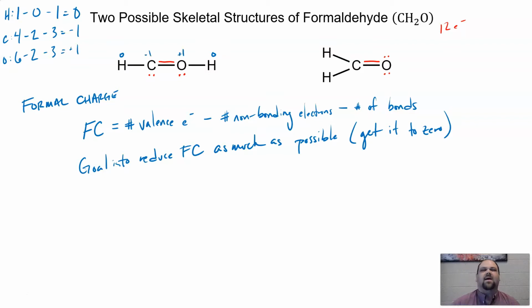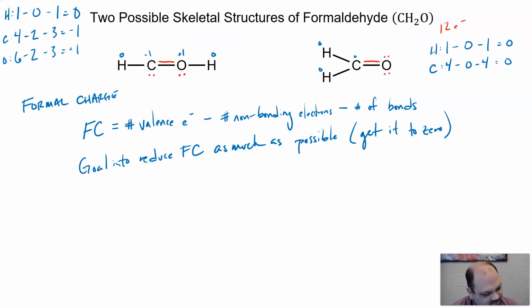Okay. Now let's take a look at the one on the right. The hydrogens again are identical. They both start with 1 valence electron. They have no non-bonding electrons. And they have 1 bond, so that's 0. So both of these hydrogens have a formal charge of 0. The carbon starts with 4 electrons, has no non-bonding electrons, and has 4 bonds total.